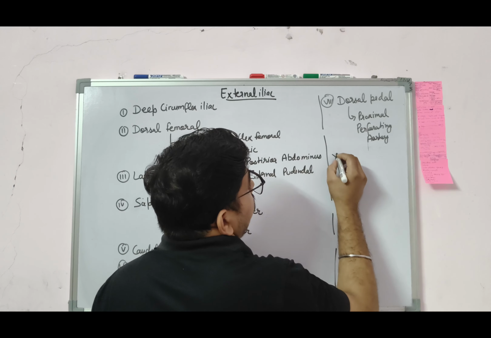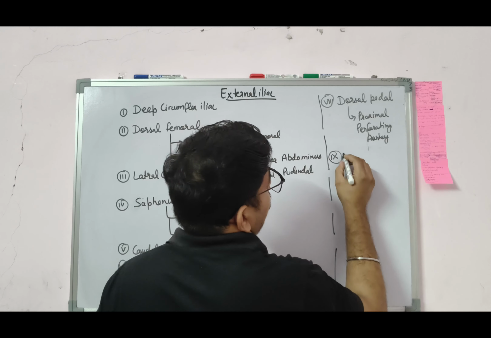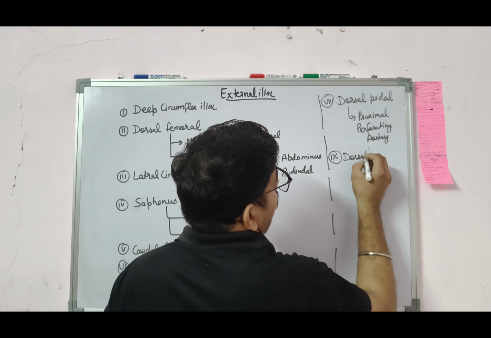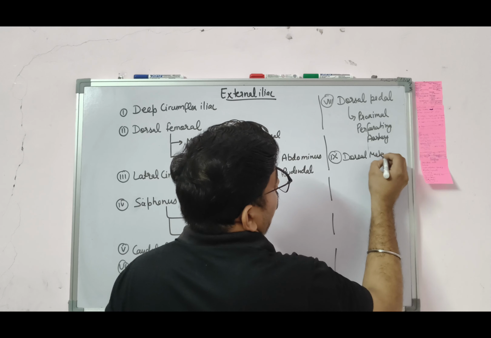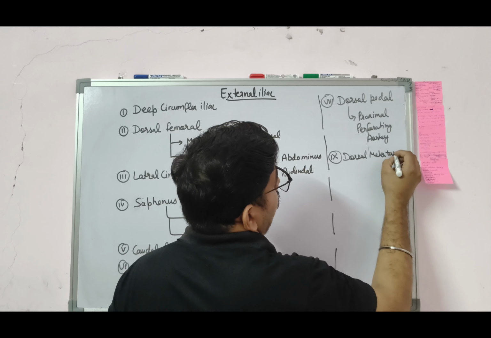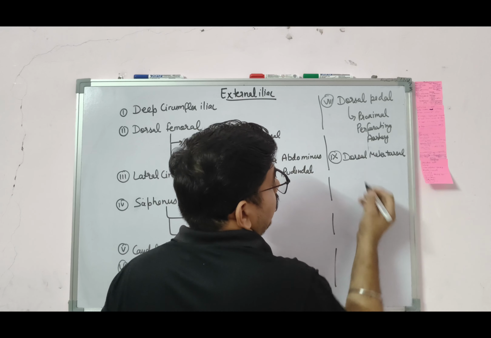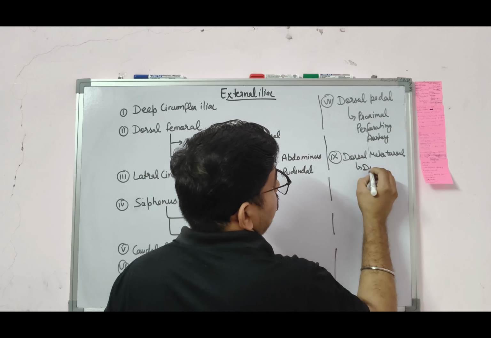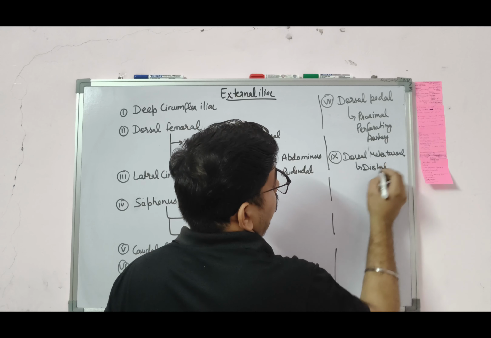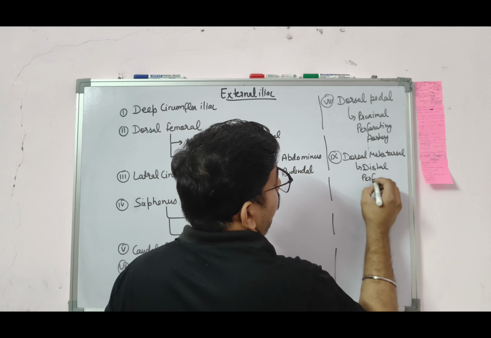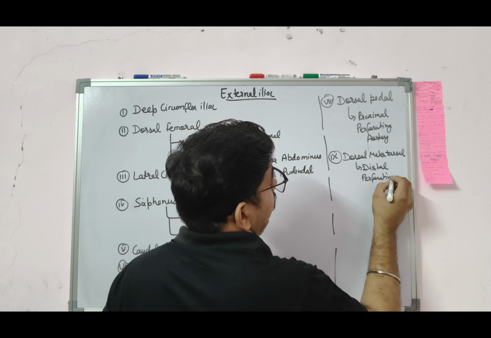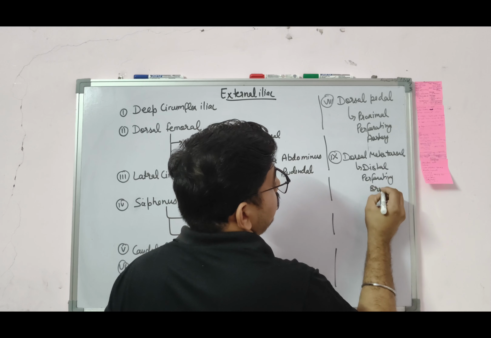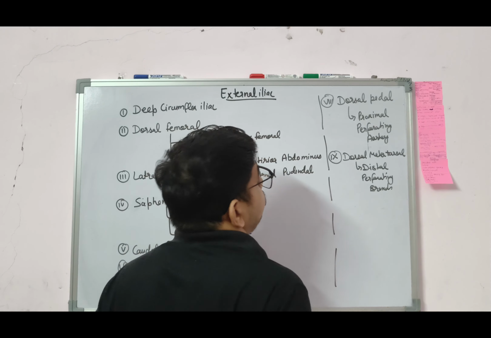The ninth one is dorsal metatarsal, which gives a branch, the distal perforating branch or artery.